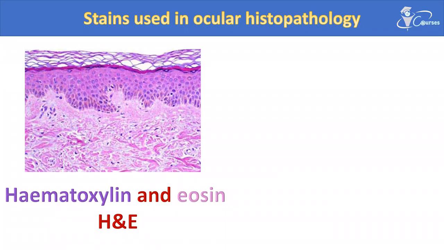So it will be stained by the hematoxylin because hematoxylin stains the acidic structures. It will stain the nuclei. It will also stain the rough endoplasmic reticulum with their RNA, because RNA again contains acids. So the DNA and RNA within the nuclei and the ribosomes are stained purplish blue, like that.